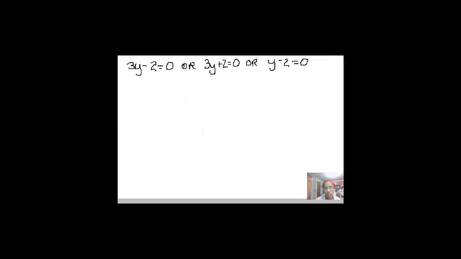Let's solve this first equation by adding 2 to both sides of the equation. When we do that, we obtain 3y equals 2.